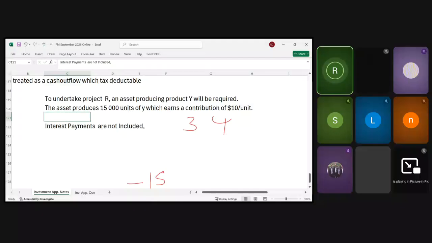May I please have questions when it comes to inflation? I want now to look at incorporation of working capital in an investment appraisal. People are too quiet.